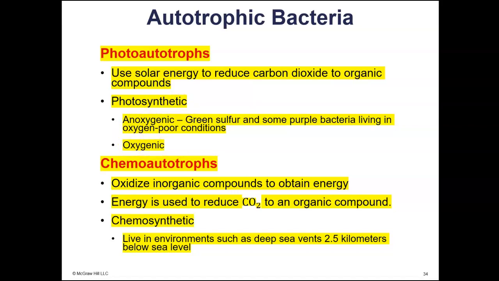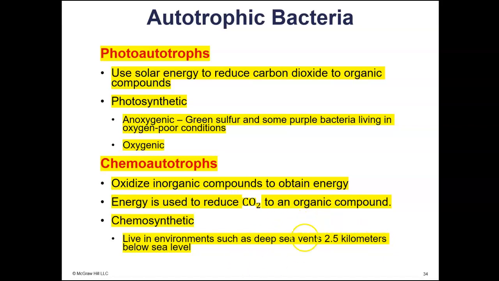Then we have chemoautotrophs, and this is different from anything probably that you've learned up until now. That means they get their energy by breaking down inorganic compounds, and then they use that energy to convert carbon dioxide into carbohydrate, an organic compound. Some of these chemoautotrophs live in deep sea vents 2.5 kilometers below sea level.